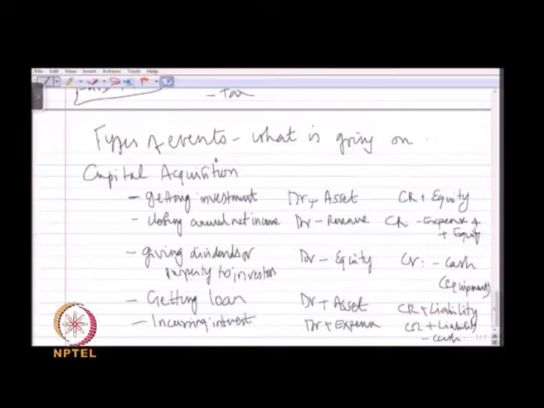Or if you are paying back the loan, if instead of getting you are paying back the loan, it becomes the reverse. Your liability reduces and your asset, in this case cash, reduces.